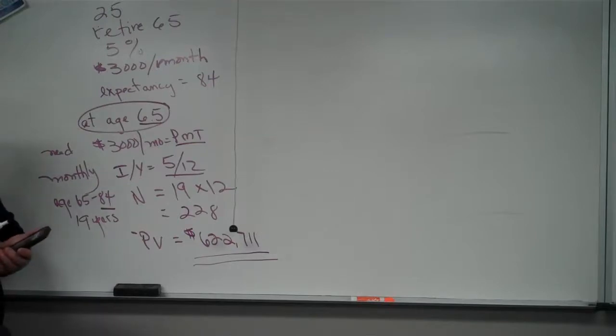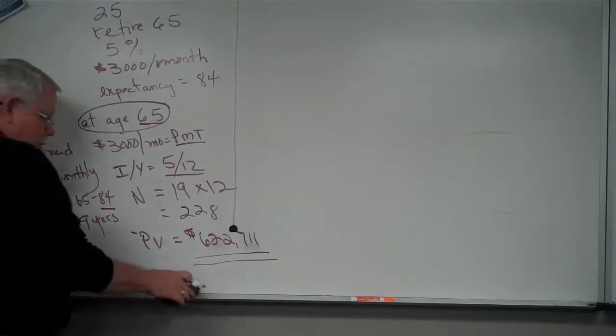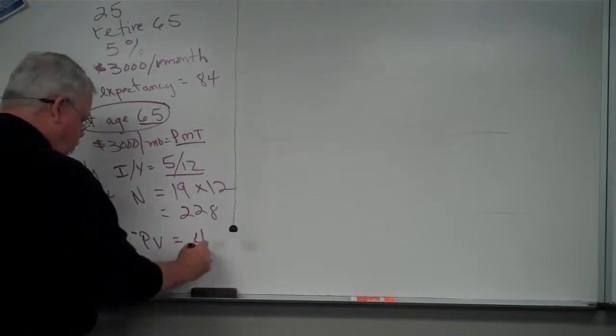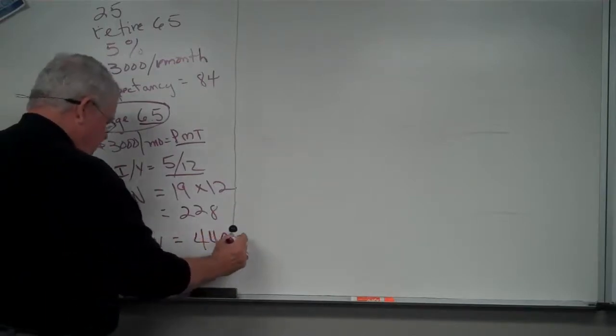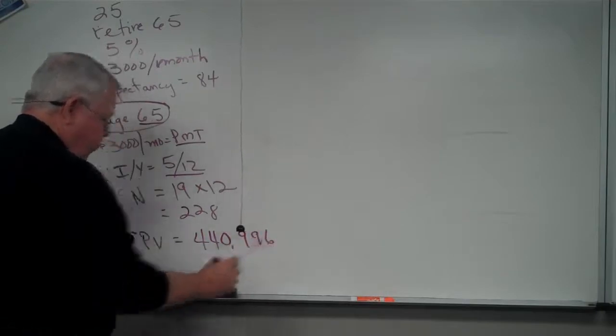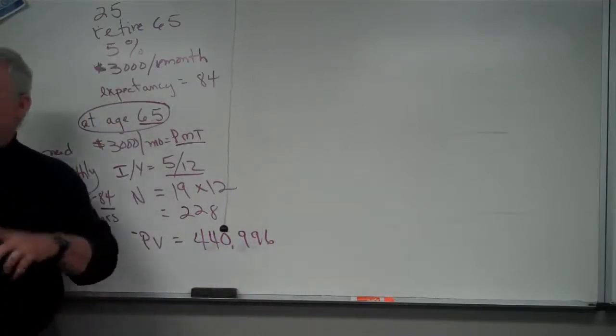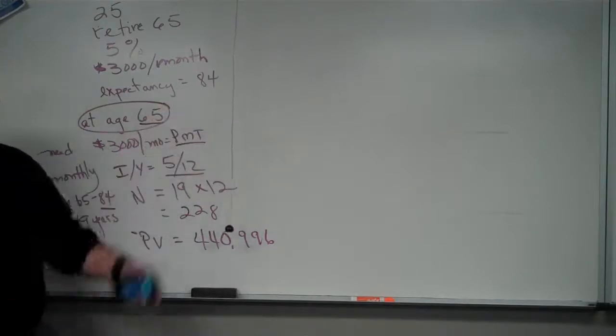That sounded high anyway. 440? I had 439,583. I got 440,996. You got 439 something? 439,583. I have 440. Okay, there's a little rounding in there depending on how you set your decimals and that kind of stuff.